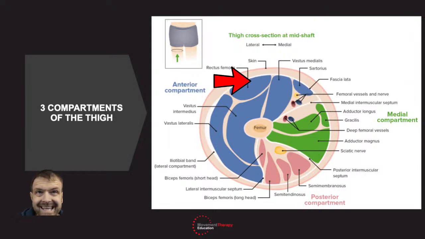Okay, and in there, look at all the muscles that we've got. So we've got sartorius, we've got your vastus medialis, rectus femoris, vastus intermedius, vastus lateralis, and this is really important as well. Look at that vastus lateralis; it is huge, and it's not just lateral, but it comes around the back as well. So it's really close to this posterior compartment just here. Intermedius is massive as well.